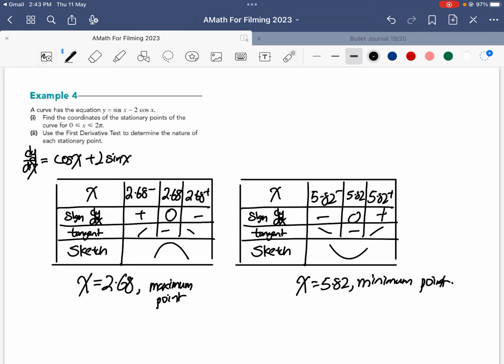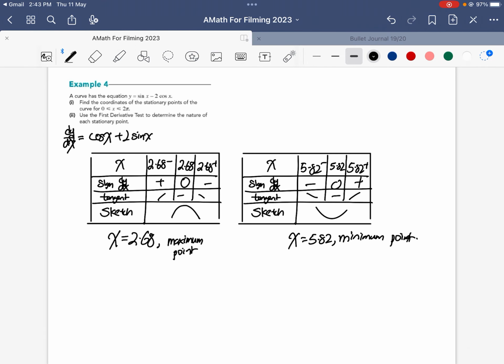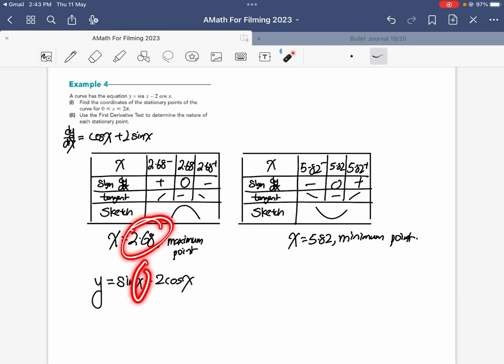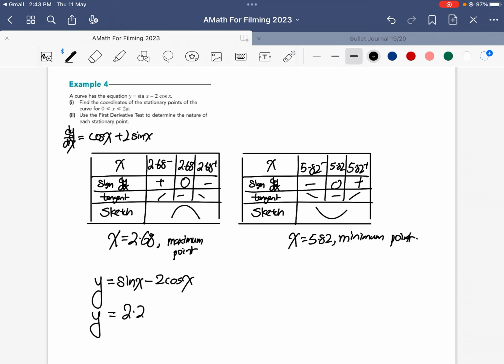Now, what they have asked in this question is to find the coordinates. So in order to find the coordinates, don't forget that the equation is y equals sine x minus 2 cosine x. Ensure that your calculator is in the correct mode. I plug 2.68 into x over here, and it gives me y equals 2.24.